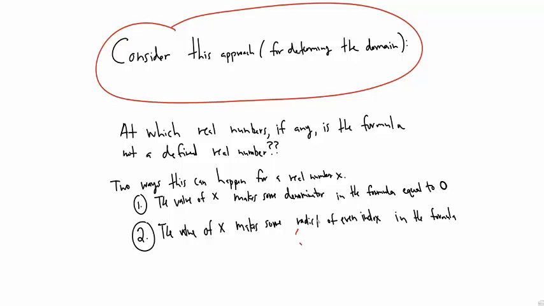Some radical of even index, like the square root, the fourth root, the sixth root, etc. A problem arises when you have a radical of even index with a negative radicand.